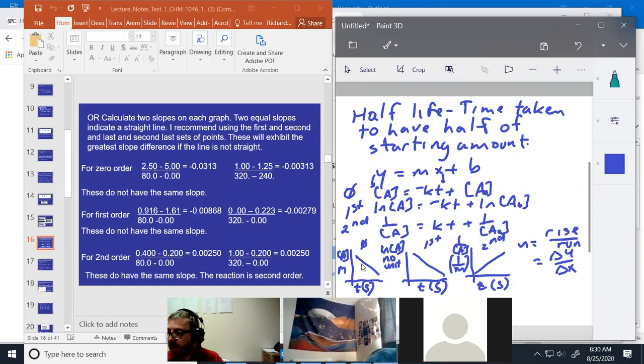So when we take the slope, which I've got the equation over here, you can see how we might come up with the different units.